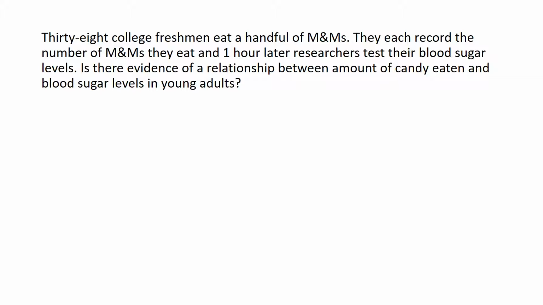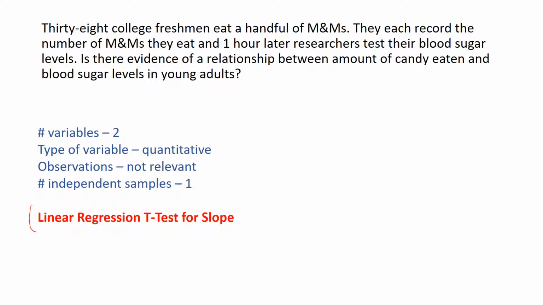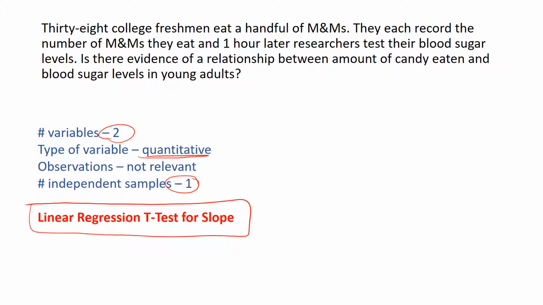I see 2 quantitative variables, number of M&Ms and blood sugar levels. 2 quantitative variables means this must be a linear regression t-test for slope. 2 quantitative variables. Notice, again, we have only 1 independent sample.